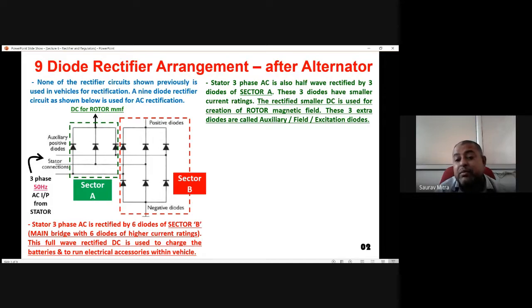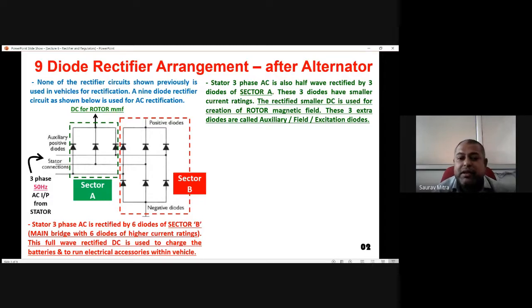There may be a 12 pole rotor, there may be an 18 pole rotor, and the rotor takes this electricity supply and produces the electromagnet inside the alternator. As soon as an electromagnet is produced, there will be MMF generated, there will be flux generated, and that flux will be rotating because the rotor is connected with the engine. So that means a rotating magnetic field is created inside the alternator.